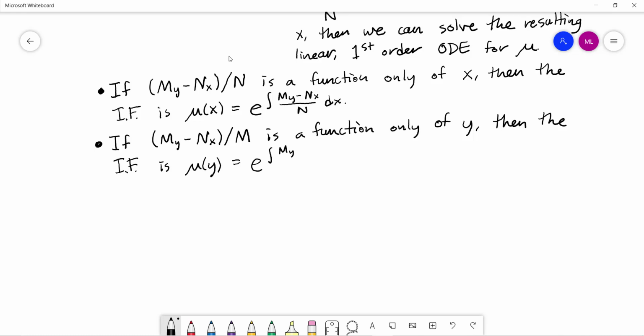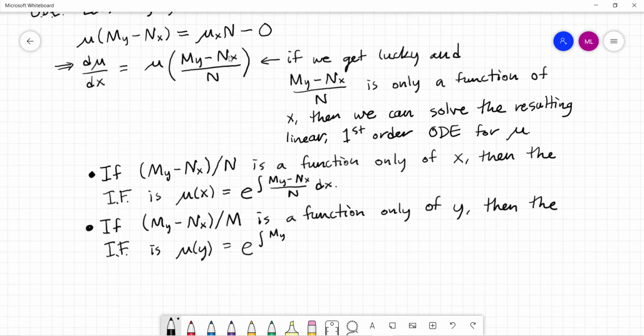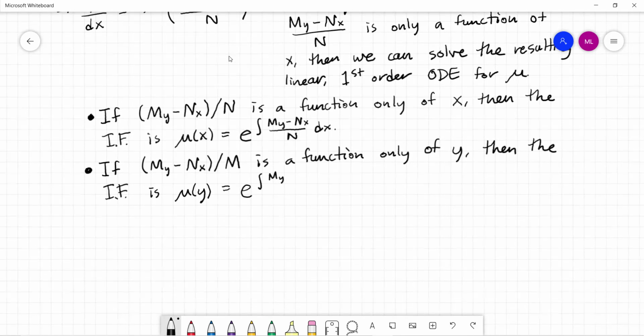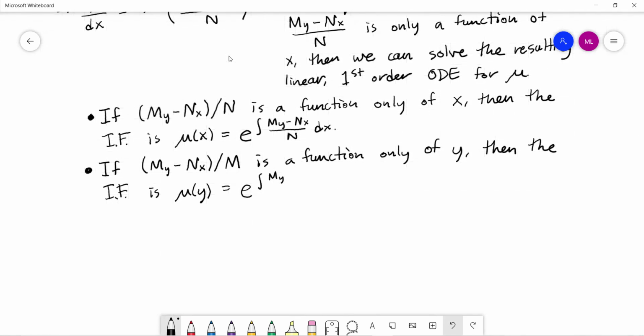I think I've got to flip the sign, that sign would flip, this sign would flip. I think I need to flip these in order to account for the sign flip.